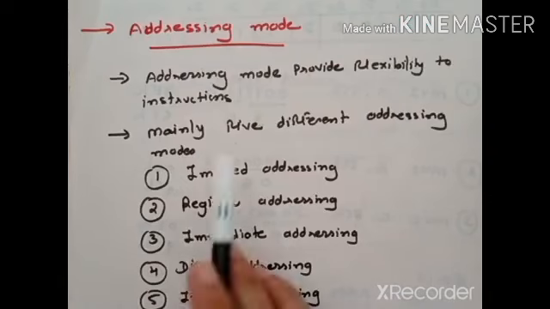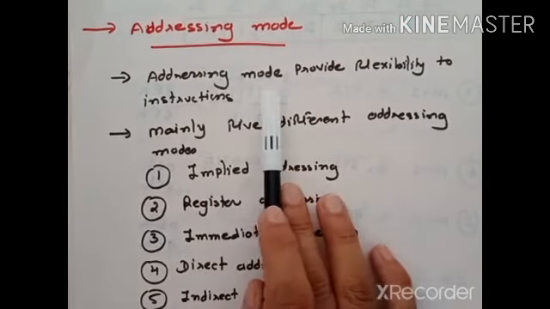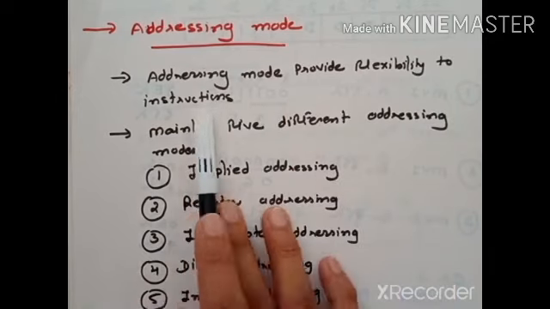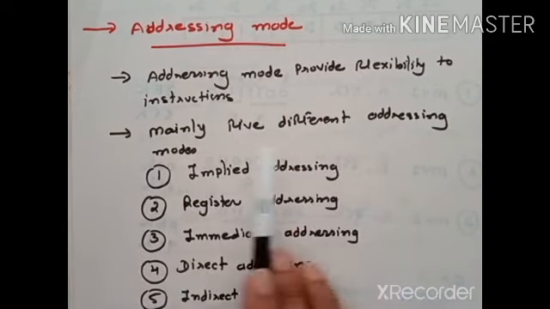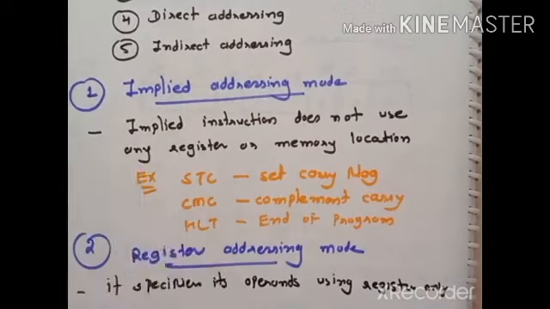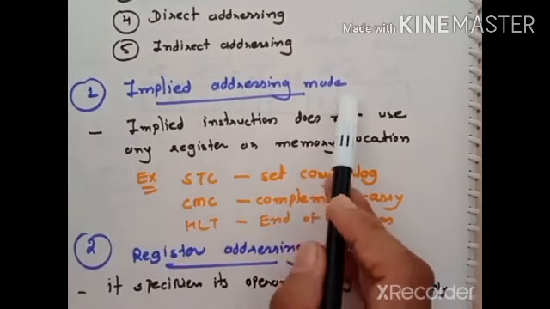Next topic is addressing mode. Addressing modes provide flexibility to instructions. There are mainly 5 different addressing modes: first implied addressing mode, then register addressing mode, immediate addressing mode, direct addressing mode, and indirect addressing mode. First, implied addressing mode.